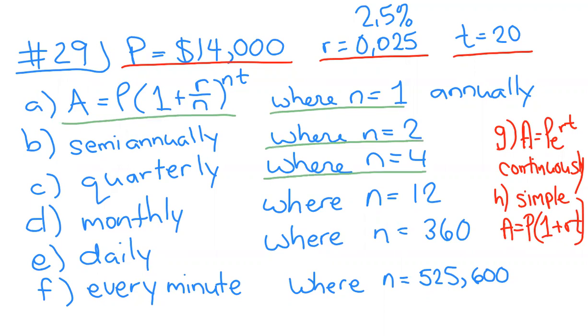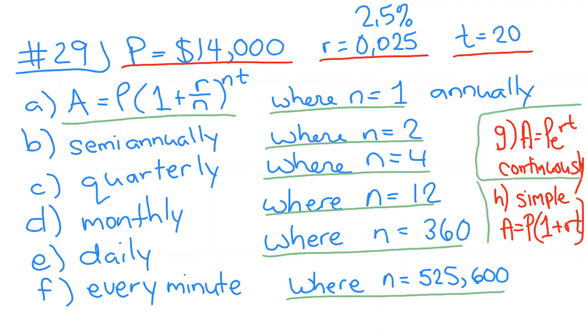At first, you just switch N in every instance, but then for G and H, you have new equations for future value. So you're using these three equations, different values of N, but for each one, P, R, and T stay the same.